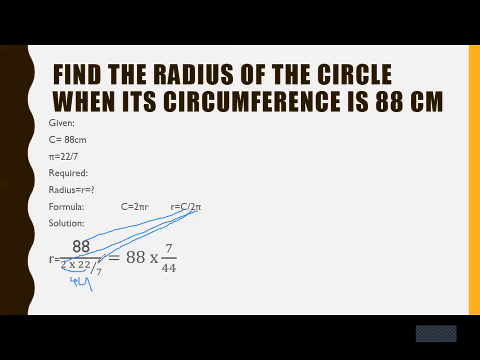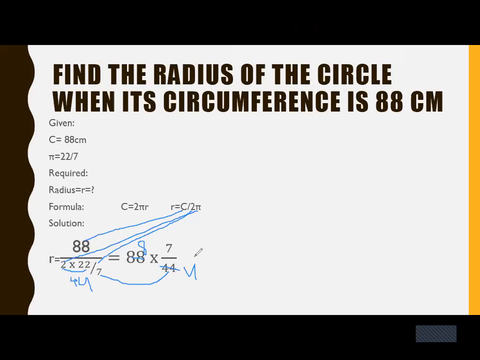When it is shifted to the numerator, it becomes 7 over 44, and we get the sign of multiplication with 88. Now 11 fours are 44 and 11 eights are 88.